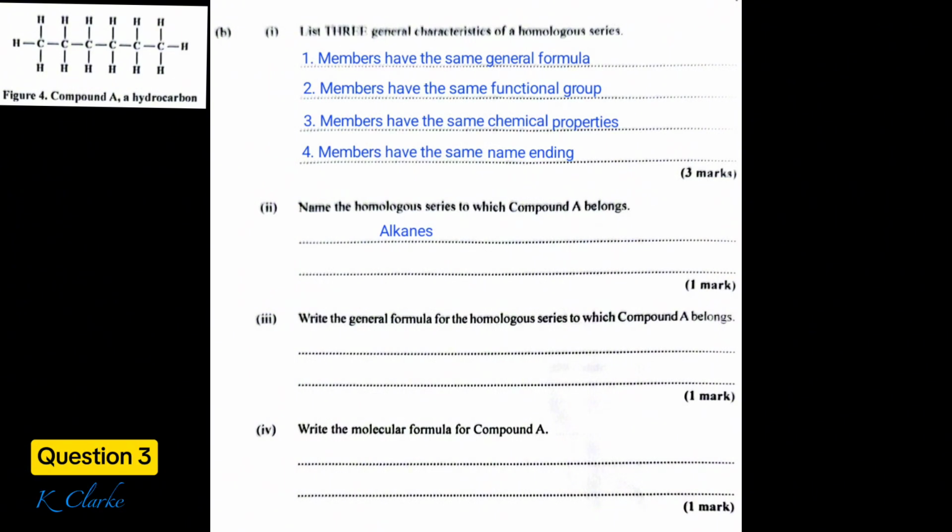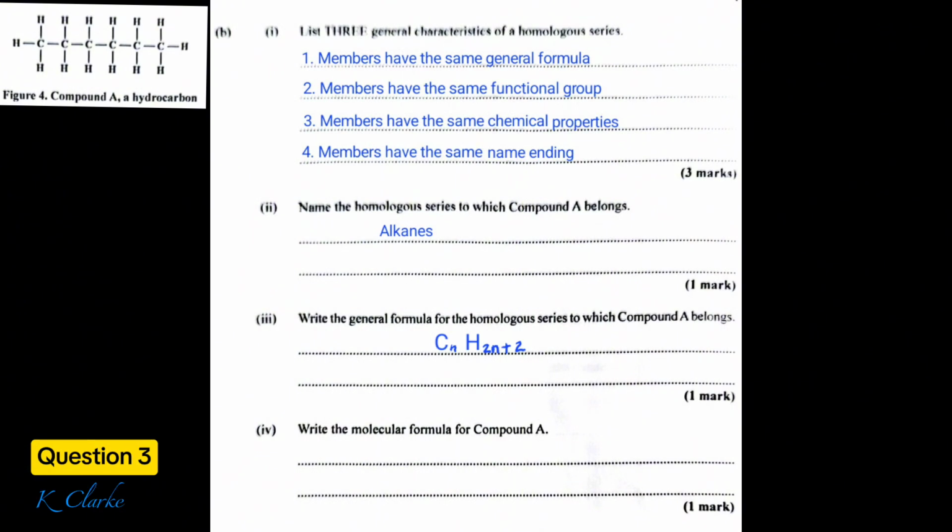I. Write the general formula for the homologous series to which compound A belongs. The general formula is CnH2n+2, where n can be the number of carbons. IV. Write the molecular formula for compound A. Now compound A consists of 6 carbons.